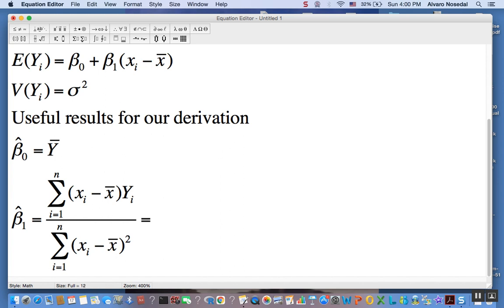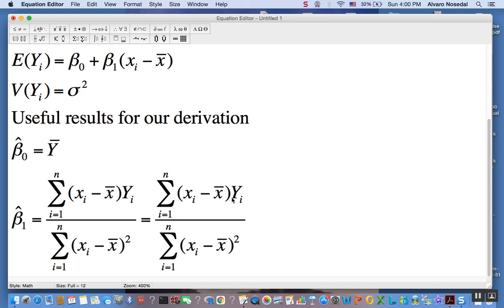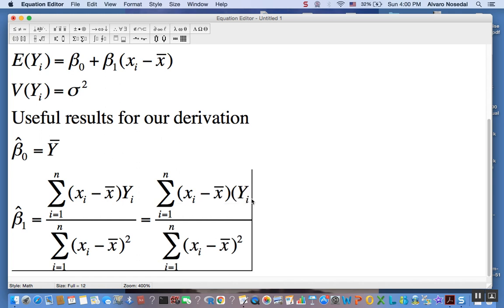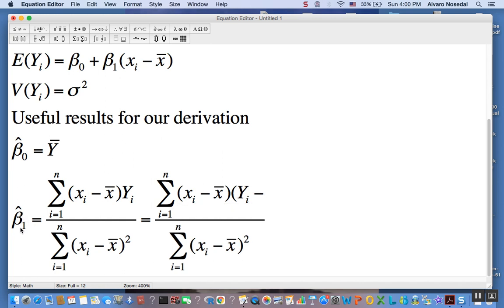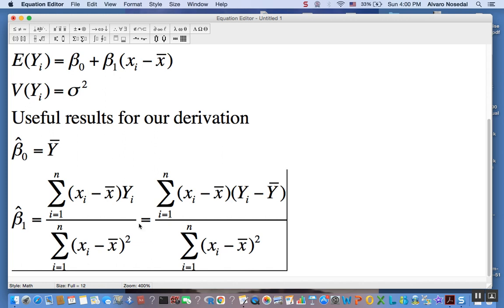Another way of rewriting this, and remember we showed this when we talked about the distribution of beta 1 hat, is that instead of yi, we're going to have the difference between yi minus y bar.